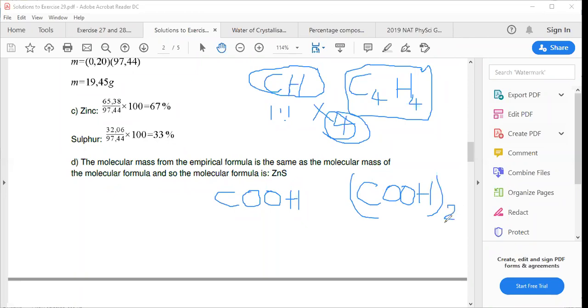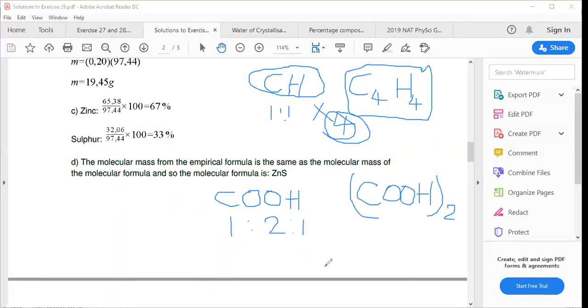That's the actual formula, right? So here, what are we going to do? The simplest ratio is carbon 1, oxygen 2, and hydrogen 1. Are we together? So for every single unit here, we need 1 carbon, 2 oxygen, and 1 hydrogen.